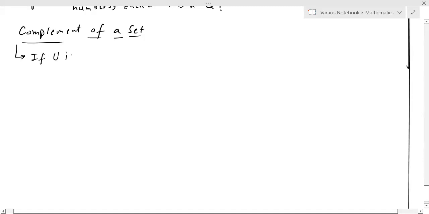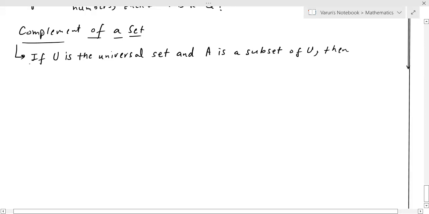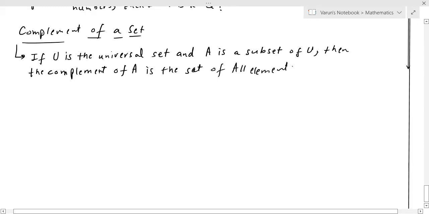If U is the universal set and A is a subset of U, then the complement of A is the set of all elements of U which are not elements of A.